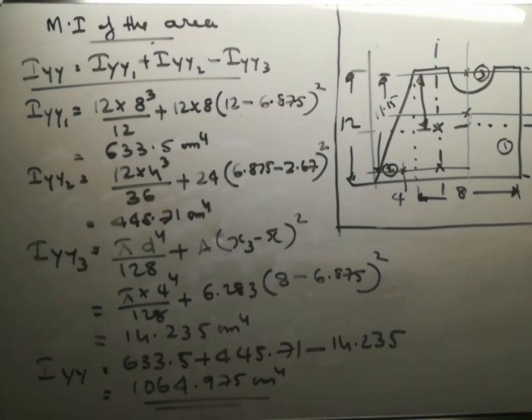That is the answer. So Ixx is 1214.83 and Iyy is 1064.975.